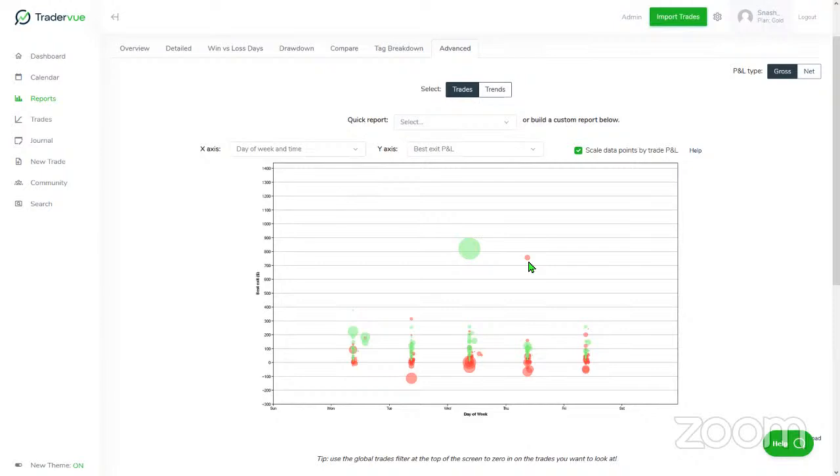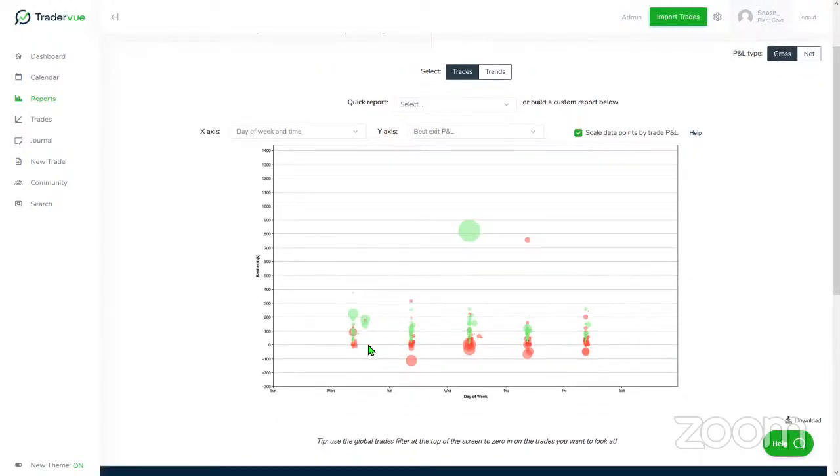The y-axis is showing you the best exit in terms of P&L, not necessarily meaning that you realized the gains or the loss, but it's telling you on which days you are getting the best and the worst opportunities, against and in your favor.